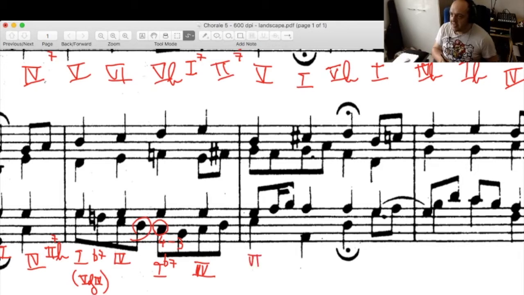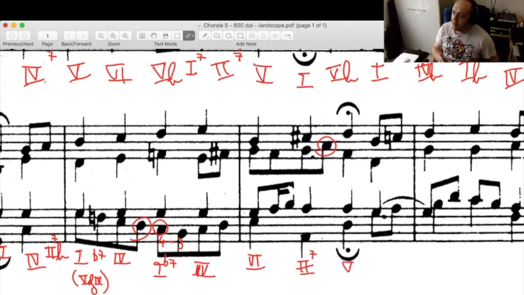Let me do the main blocks first. This is chord 2, chromatic 7, with a decoration, and 5.